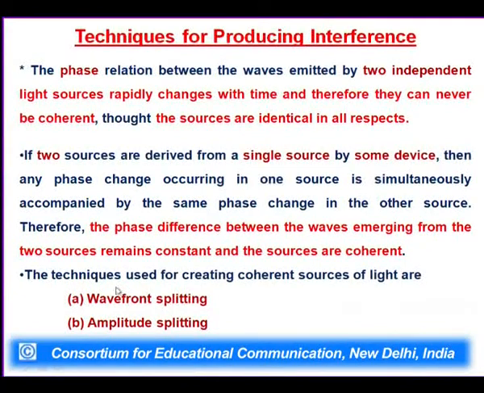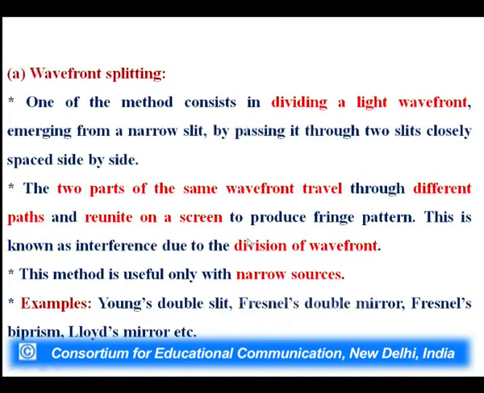The techniques used for creating coherent sources of light are wavefront splitting and amplitude splitting. In wavefront splitting, we divide a light wavefront emerging from a narrow slit by passing it through two slits closely spaced side by side.